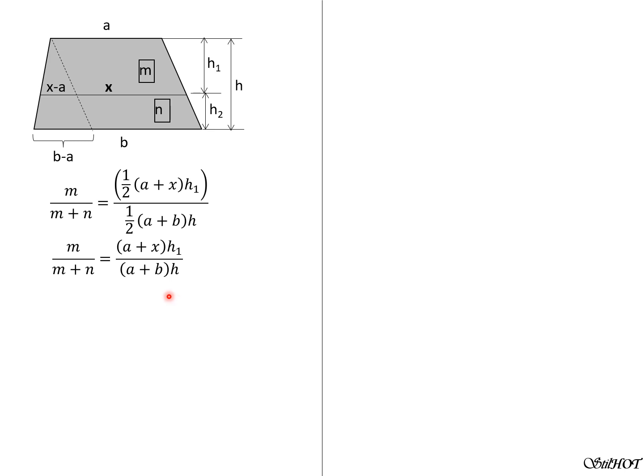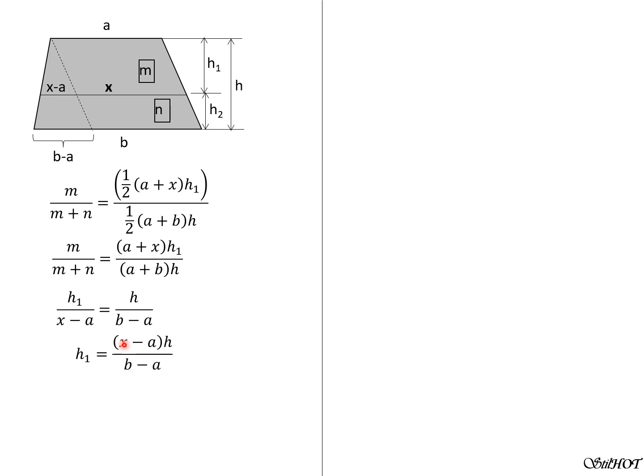By the way, you can reduce this after we cancel out 1/2. So by similar triangles, h1 as to x minus a equals h as to b minus a. So that means h1 is equal to x minus a times h divided by b minus a.